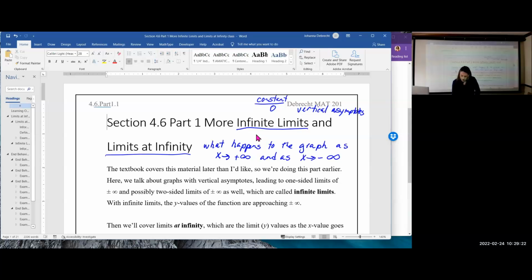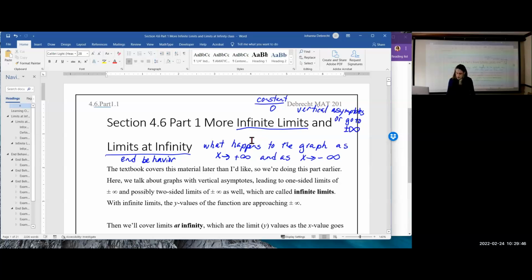So if you've learned that term before, end behavior, limits at infinity are exactly what we're talking about. They're end behavior. And infinite limits are vertical asymptotes, or they just go to infinity.